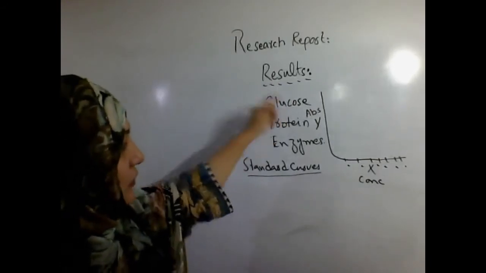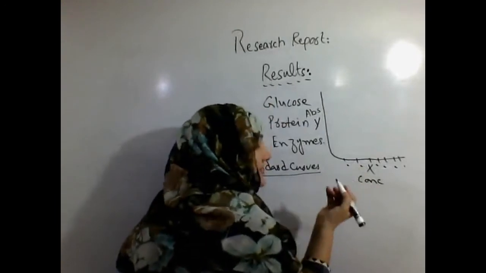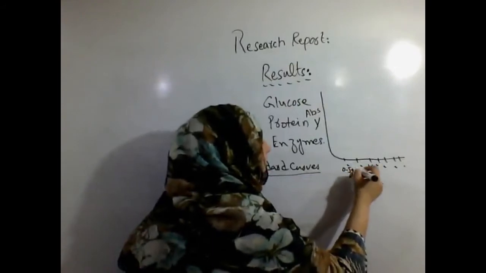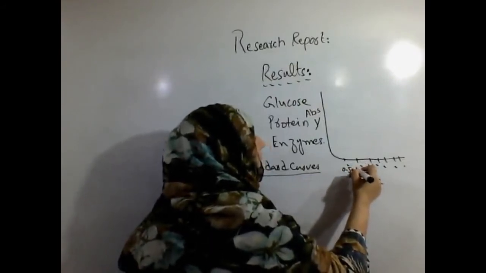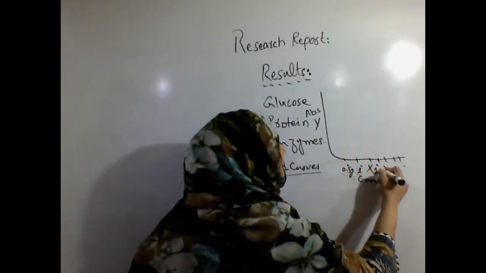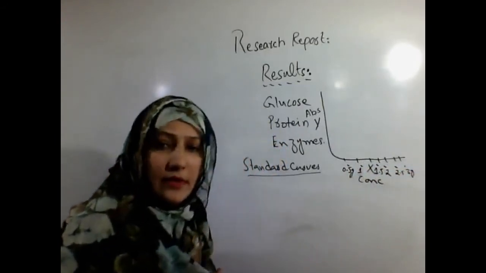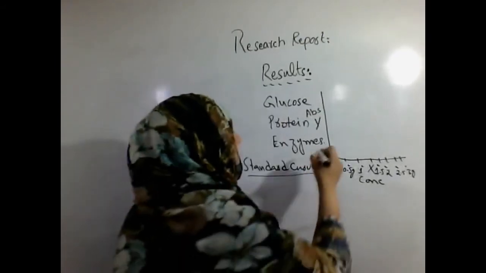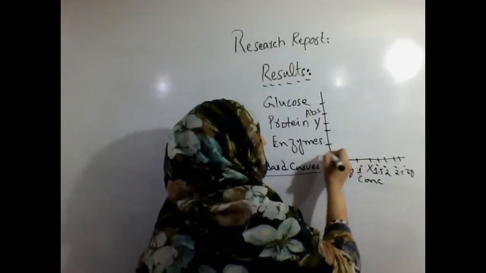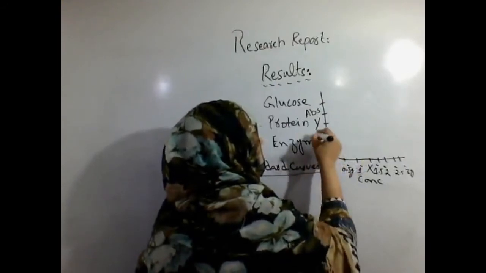So you have to give the concentration standards, for example 0.5 gram, 1 gram, 1.5 gram, 2 gram, 2.5 and 3 grams. Then you have some absorbance of these standards: 0.2, 0.4, 0.6.